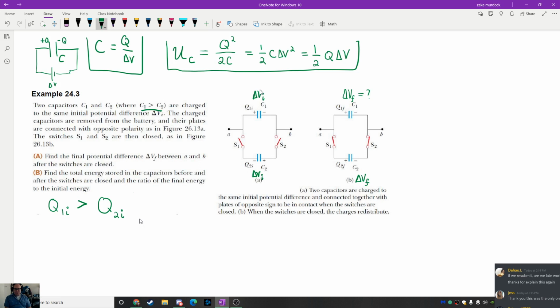All right. So in order to do that, we're going to start off with a conservation law. We know that electric charge is a conserved quantity. You can't create or destroy it. So as a result, we're going to look at conservation of charge on the left plates.